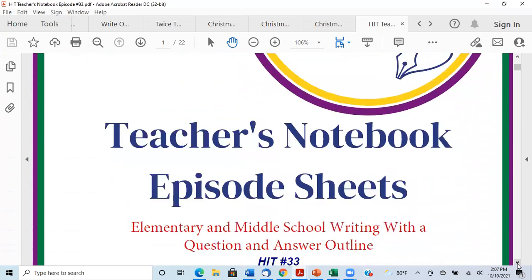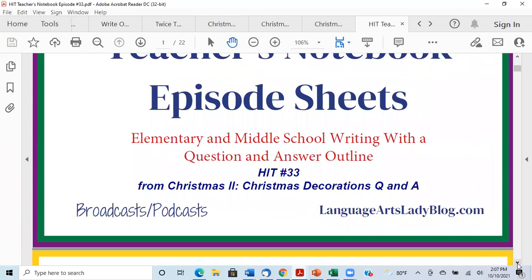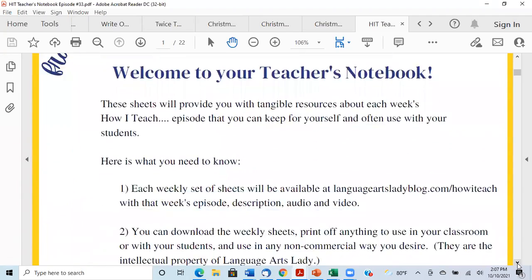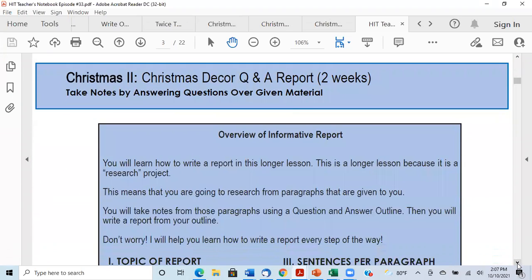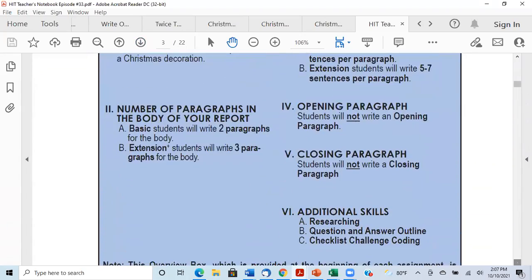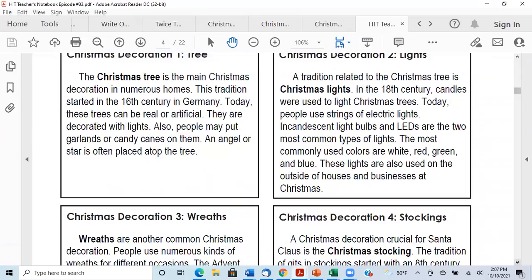You have in front of you, if you are watching on the screen, the Teacher's Notebook. It is a weekly downloadable packet that is, I don't know, 15 to 30 pages, depending on what it contains that week. This week, it has most of a 2-week project, enough that you can use it.